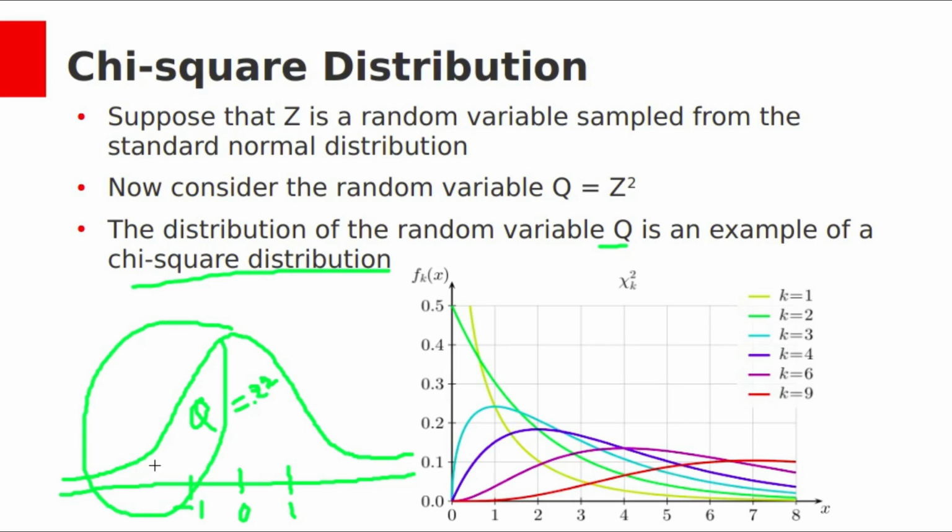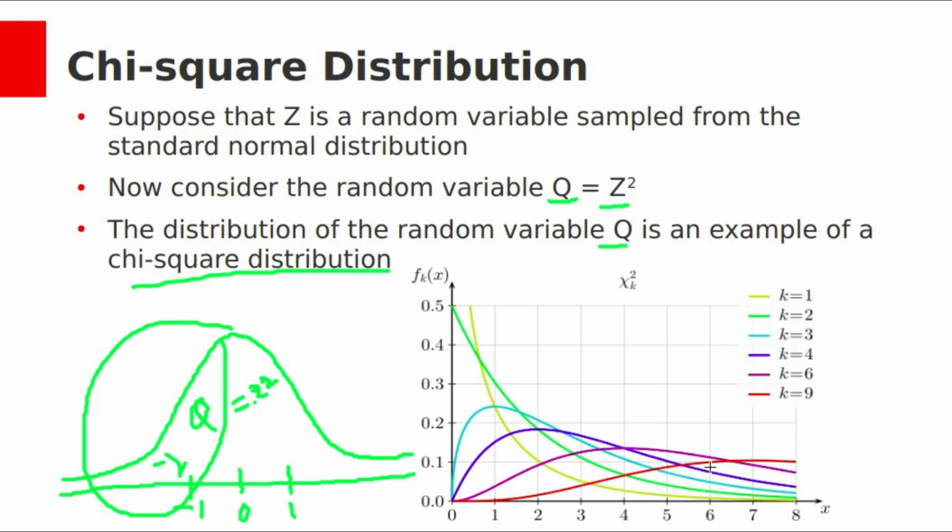Even if you get some negative value like -2, you will square that, it will become 4. So chi-square distribution will have all positive values, from 0 up to plus infinity. And it is also a non-symmetric distribution. Here we took a single z value, so this Q will follow chi-square distribution with degree of freedom 1.